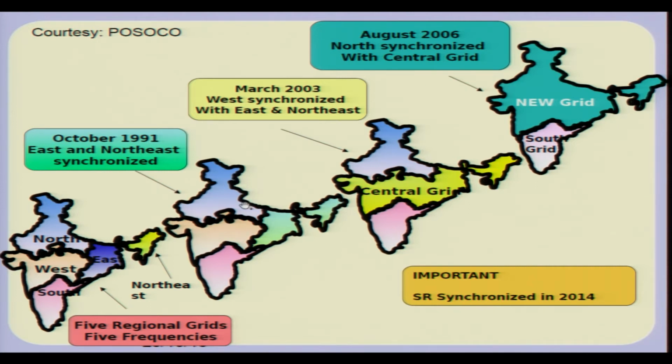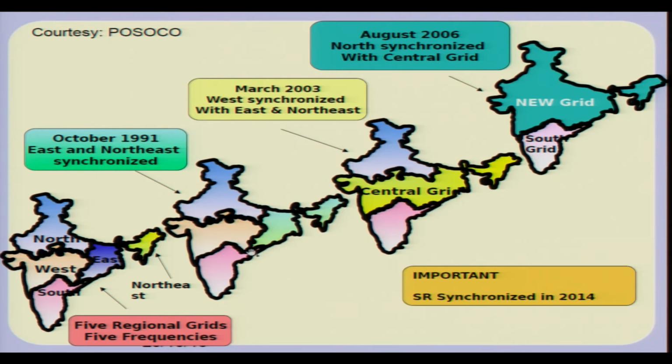We also had embedded long distance HVDC links in the northern region. We also had asynchronous links connecting the western region to the northern region, and eventually we also had asynchronous links connecting the western region to the southern region, and asynchronous links connecting the eastern region to the southern region.